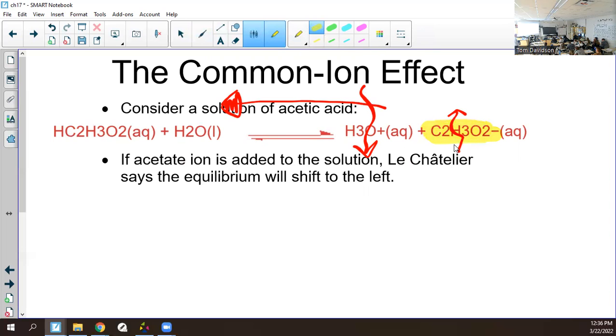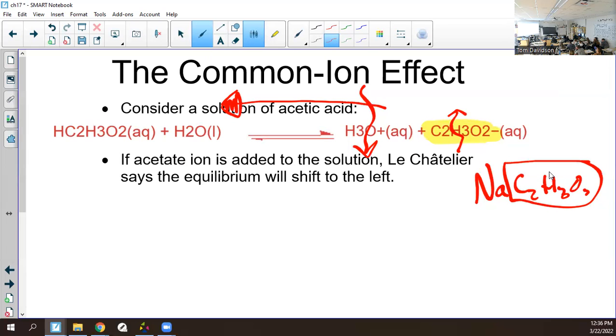The ion was acetate. So if I come along and I add NaC2H3O2, I add a common ion, the pH changes. You kind of with me so far? Did you say no? I'm not sure. It made sense at like the first 3 seconds.